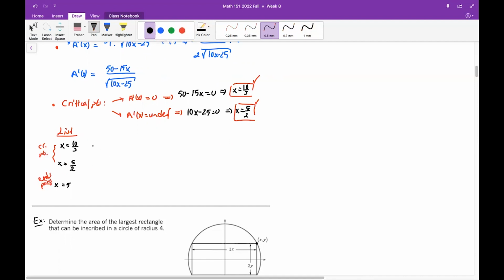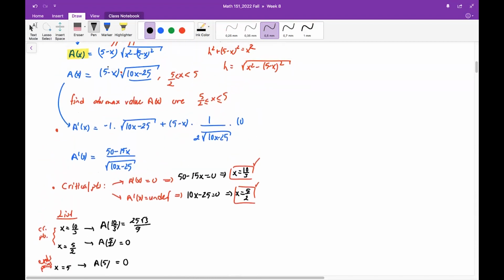So now it's time to look at the images of those points under your area function. This 5/2 and 5. You can easily compute the images of your area function at these points. A(5/2) is 0, and A(5) is also 0.